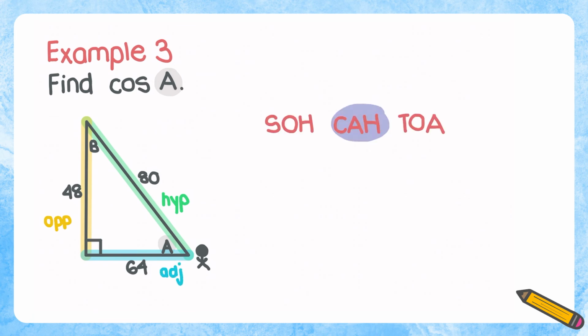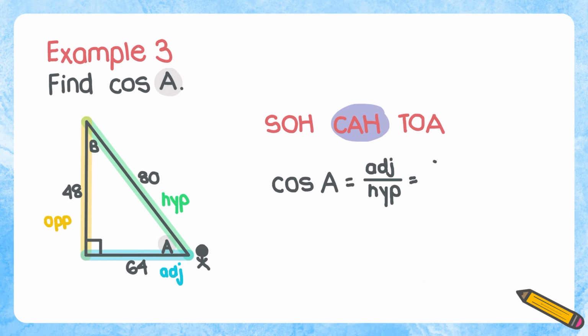We're going to use the idea of SOHCAHTOA, but since we're just finding cosine of A, I'm going to focus on the second part, CAH. Cosine of A can be set up by putting the adjacent side over the hypotenuse.